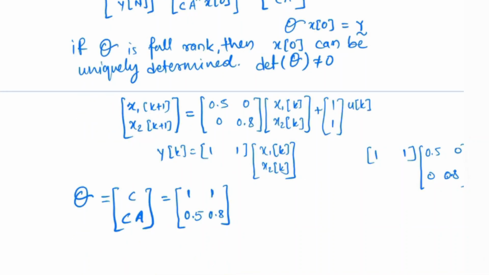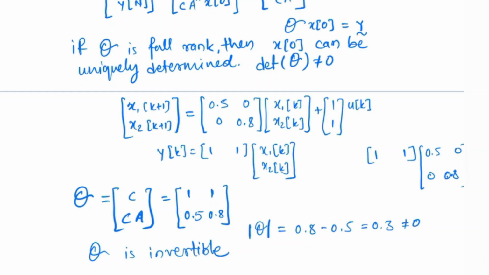Okay. So if we were to take determinant of this, that will be 0.8 minus 0.5. That is 0.3, which is not 0. That means O is invertible. Implies you can uniquely determine the initial states, and if you know x1 naught and x2 naught, and you know the inputs, you can propagate all other steps, right?